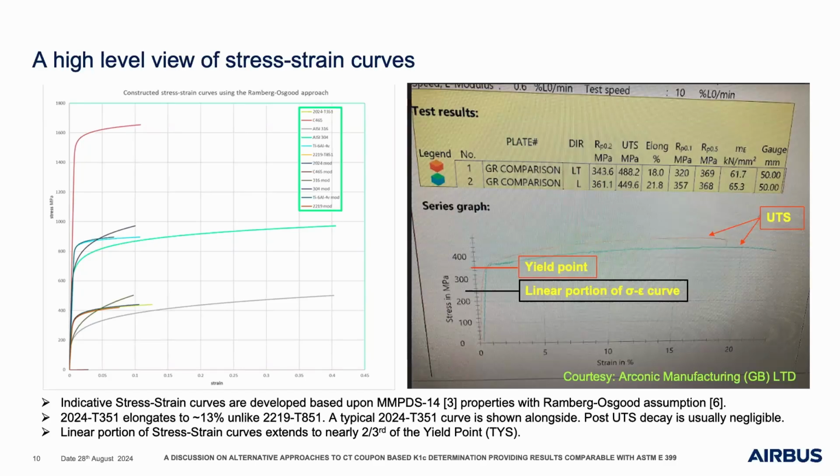So in reality, while your expectation is for it to be at about 13%, it goes to about 21% there, 18% there. Your yield point is about there. If you talk about true linearity, it is about somewhere about there. And note that the linear portion of stress strain curves extends to nearly 2/3 of the yield point.